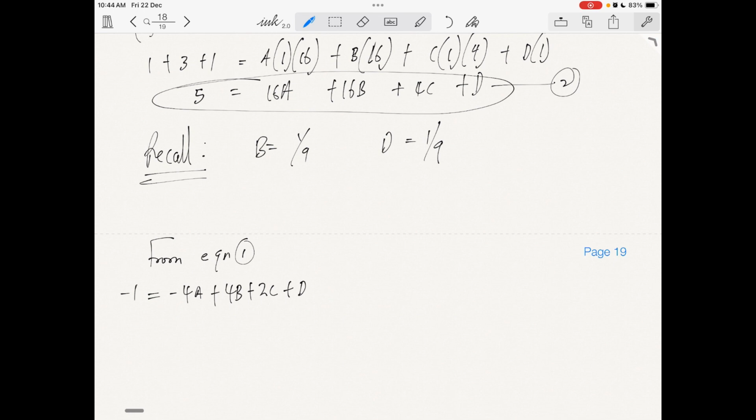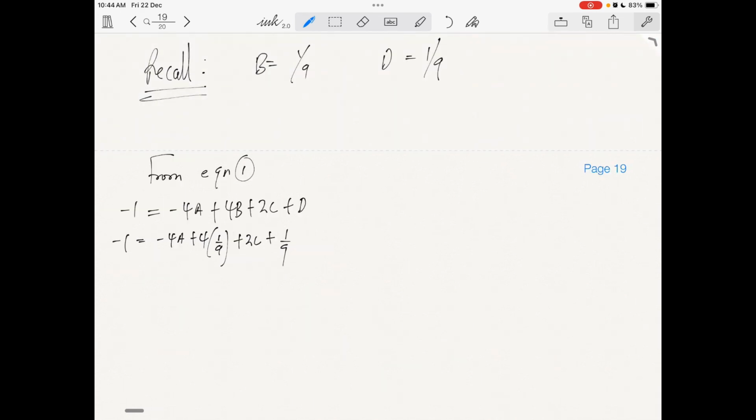So minus 1 is equal to minus 4a plus 4 into 1 over 9 plus 2c plus 1 over 9. And if we now further solve this, we will have that minus 7 is equal to 9c minus 18a. We can call this equation 3.